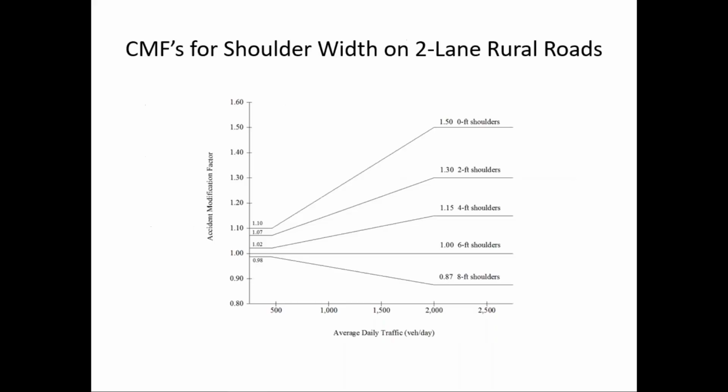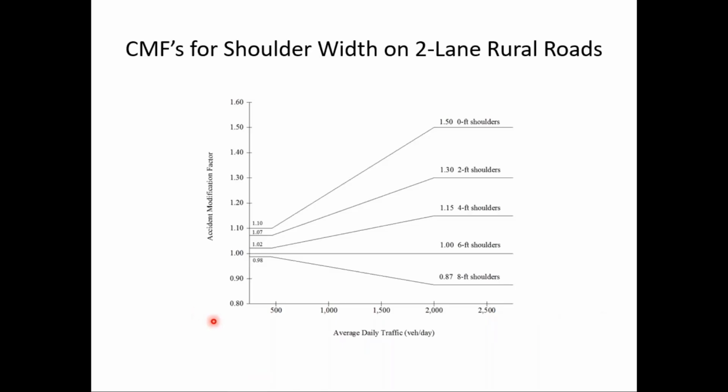There are some CMFs for shoulder width. This has been studied to a pretty good extent. Notice here we're showing the CMFs in graphic form rather than in table form. So let me set the stage here. The horizontal axis is average daily traffic volume on the roadway from 0 to 2,500 and greater as we move to the right.